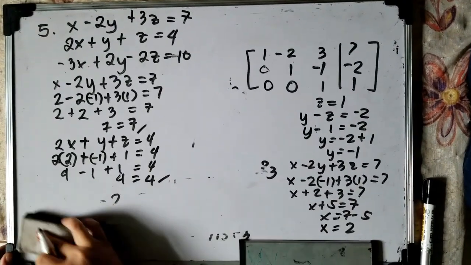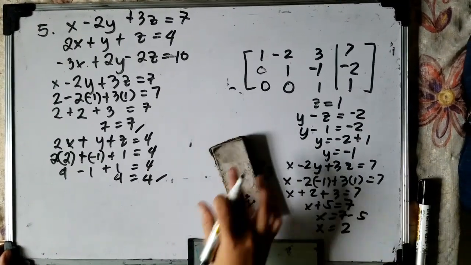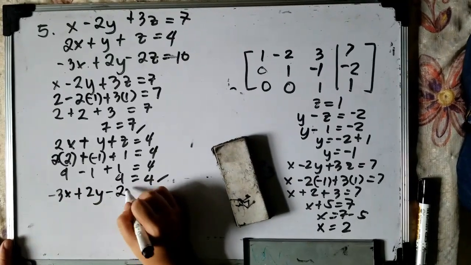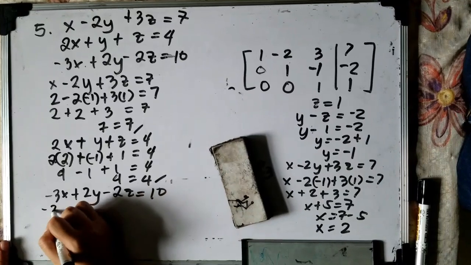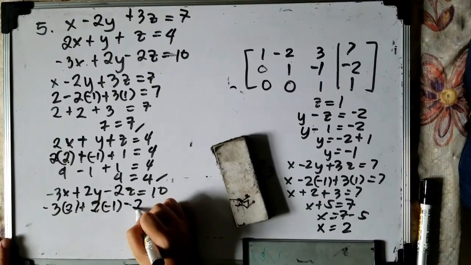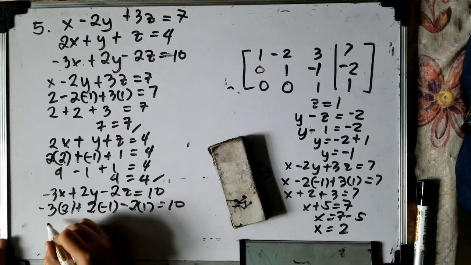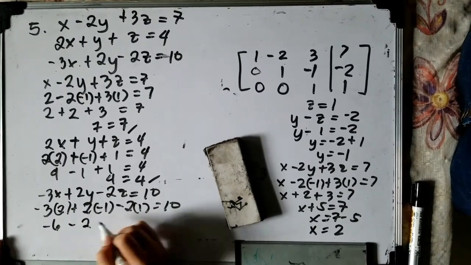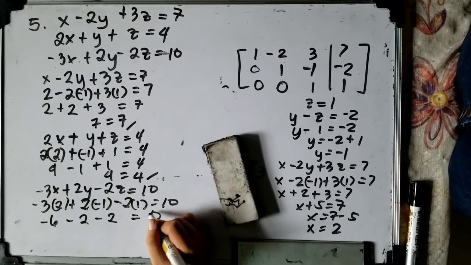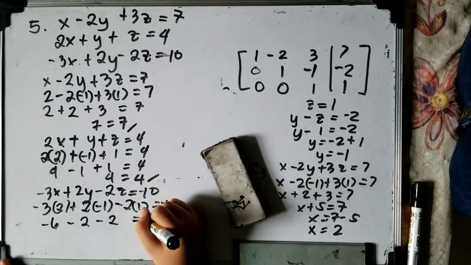So let us check if the third equation is correct. Negative 3x plus 2y minus 2z is equal to negative 10. Negative 3 times 2 plus 2 times negative 1 minus 2 times 1 is equal to negative 10. Negative 6, negative 2, negative 2 is equal to negative 10. Negative 6 minus 2, this is negative 10 rather.